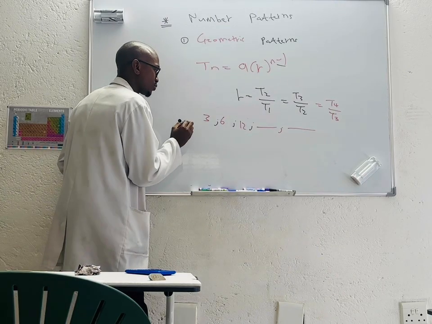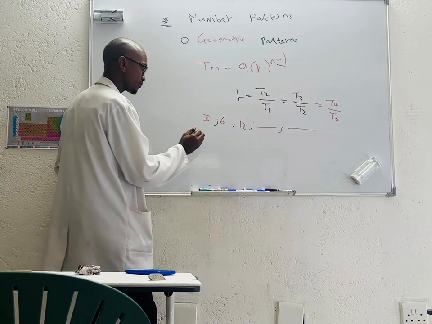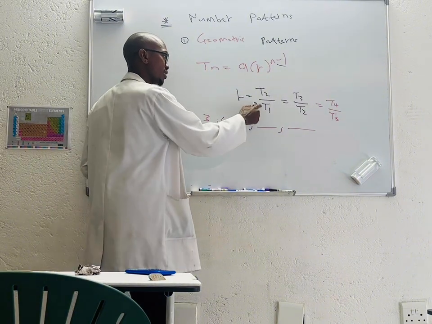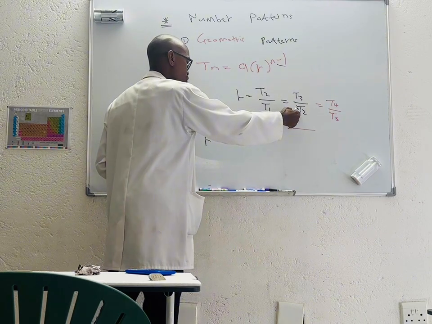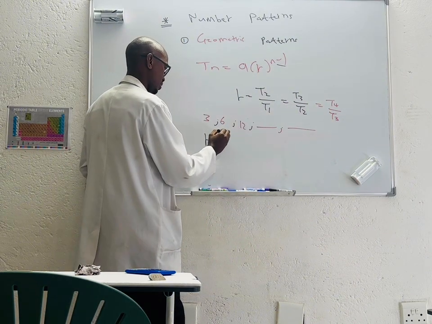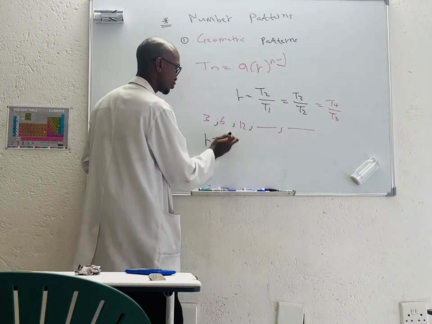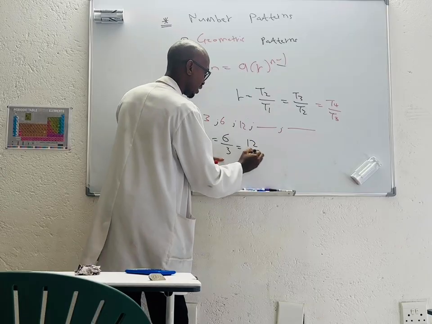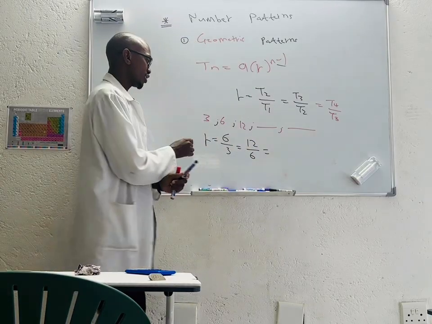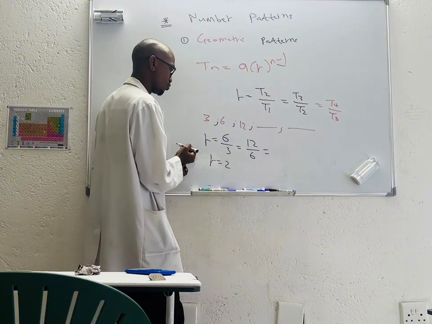Then from there, check what's going to happen, guys. So I'm basically going to have R equals to, since our formula says term 2 divided by term 1 equals to term 3 divided by term 2. So I'm going to say 12, term 2 is 6. So 6 divided by 3 equals to 12 divided by 6. Okay? So check it out. 6 divided by 3 is how much? It's going to give me 2.